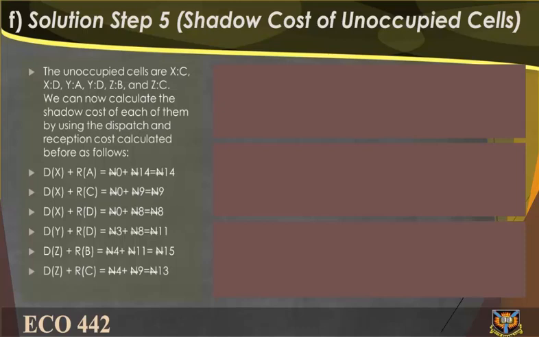D(Y) plus R(D) equals 3 naira plus 8 naira equals 11 naira. D(Z) plus R(B) equals 4 naira plus 11 naira equals 15 naira. D(Z) plus R(C) equals 4 naira plus 9 naira equals 13 naira.